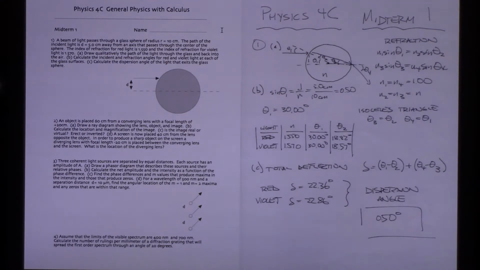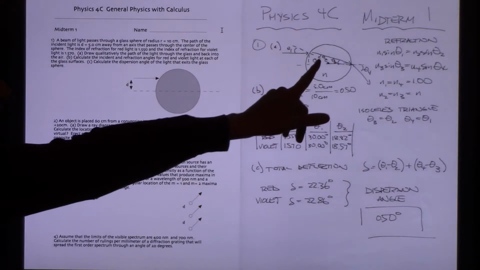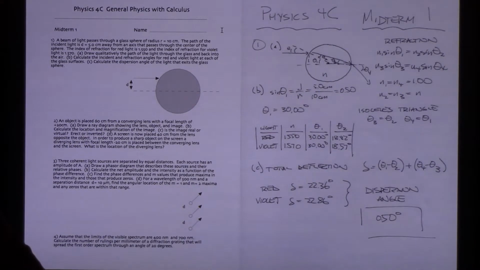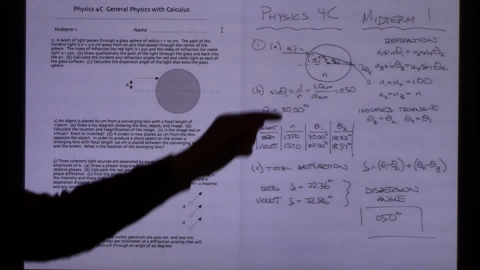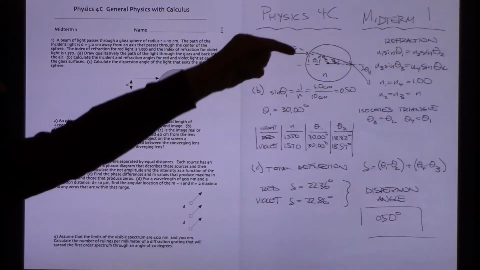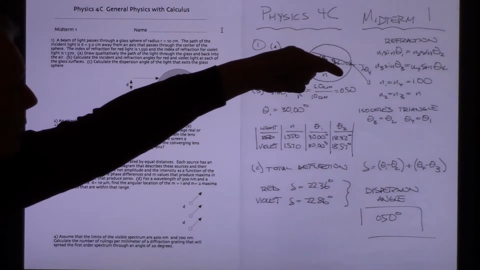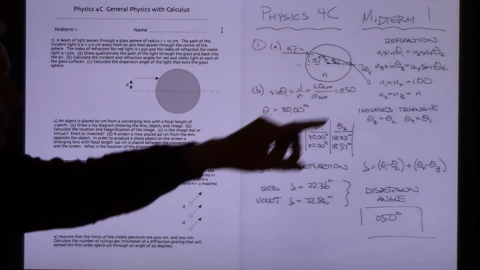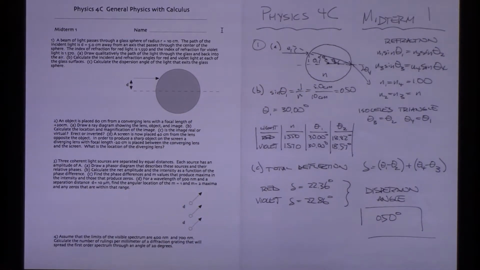Does that mean that the light's coming out parallel? And it doesn't. The reason is that the two paths that we draw are not coming out at the same location. The violet light bends a little bit more, and that means when it comes out, it's at a different location. So how are we going to determine what the dispersion angle would be?